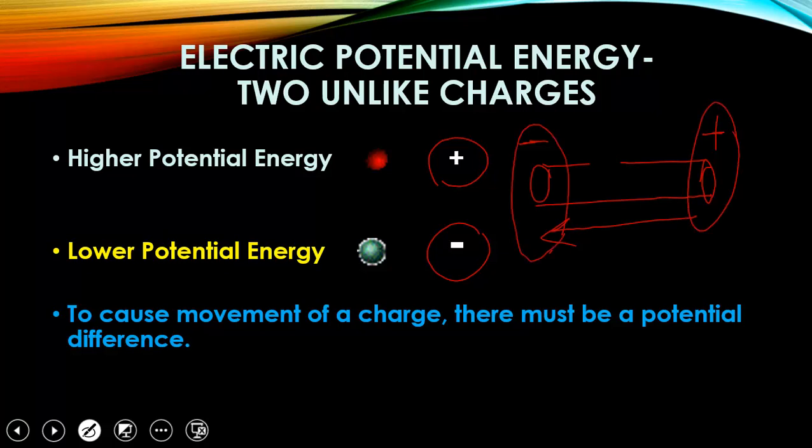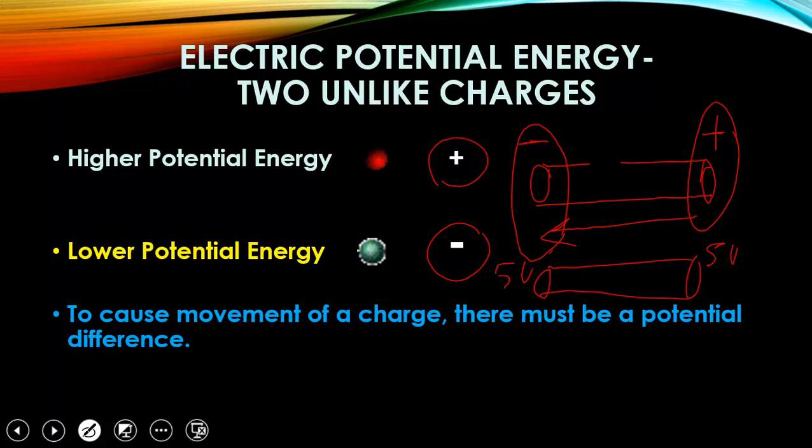Okay, so if the potential at right equals 5 volt and at left equals 5 volt, this means that the potential at right equals the potential at left. In this case there is no movement of electric charge from right to left or from left to right. There is no electric current passing between these two points.